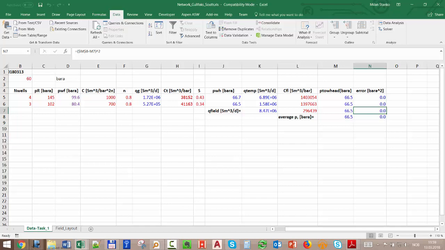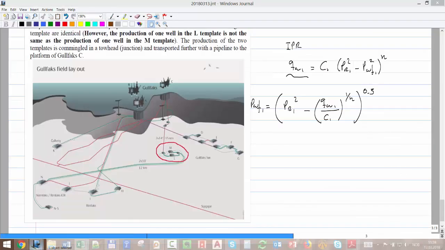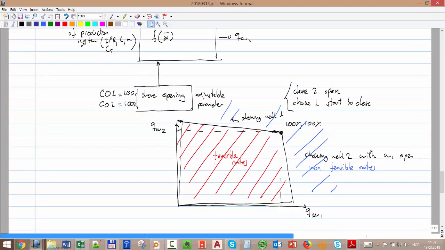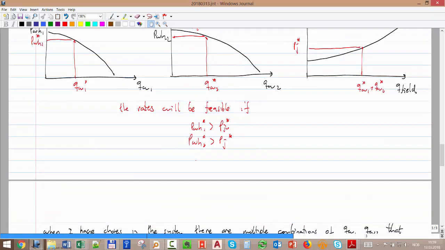I hope I managed to convey some of that on this part. If you visualize the network like that, it will make your life much easier. Then how you solve it, how you compute those rates, whether they are feasible or not, that's another issue. You can do that in software, you can do that whatever. There are different methods, but the thing is that you understand how the network works.